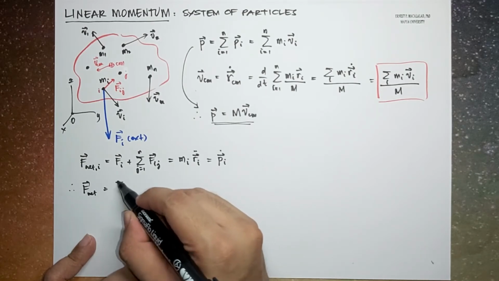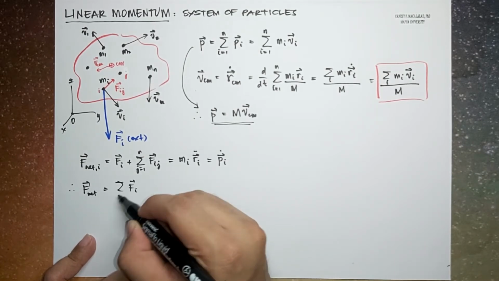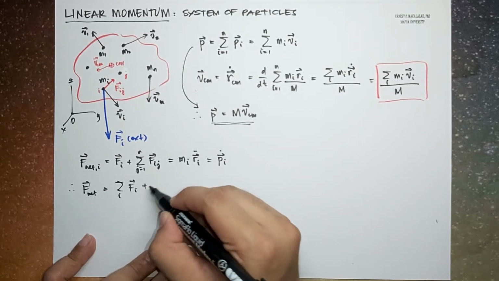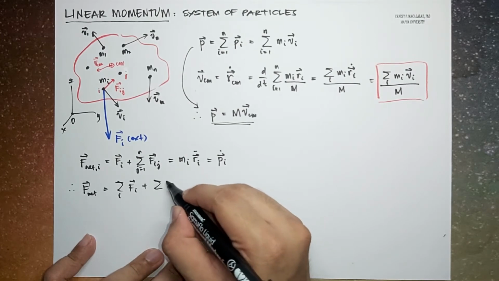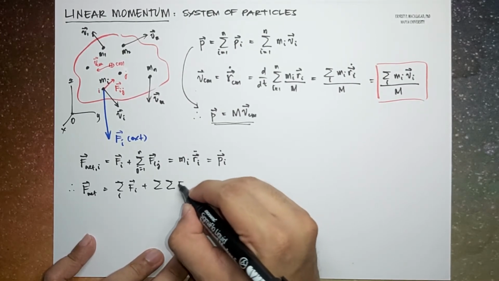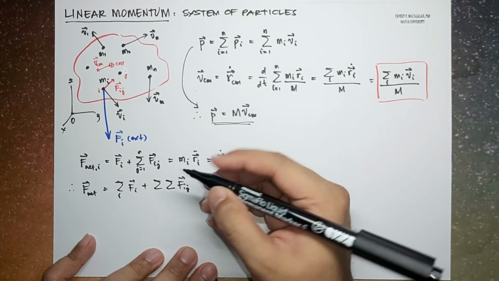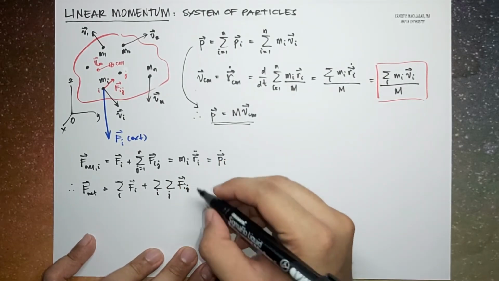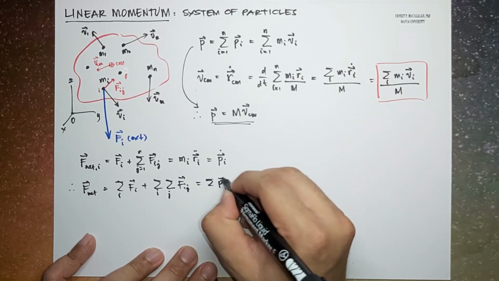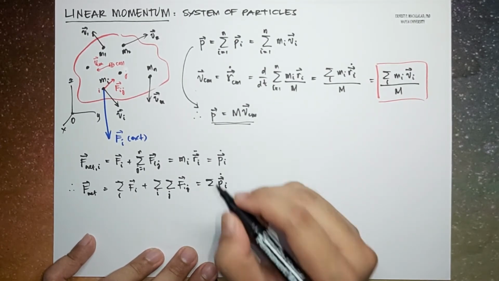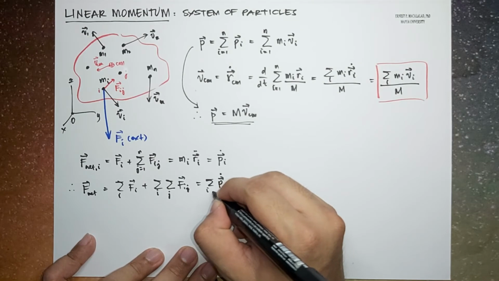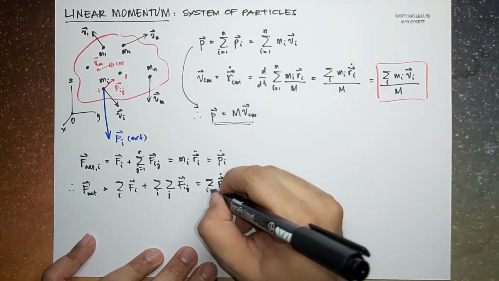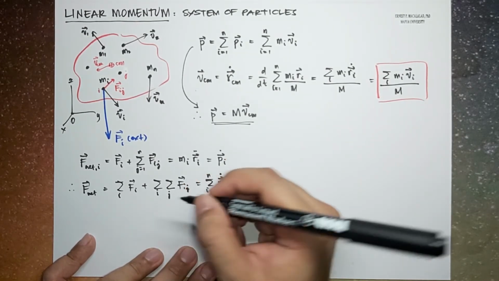So this is the sum of Fi for all I plus the sum of Fij for all I and for all J. And this is equal to the sum of the time derivative of the linear momentum for all I, for I equal to 1 to N.